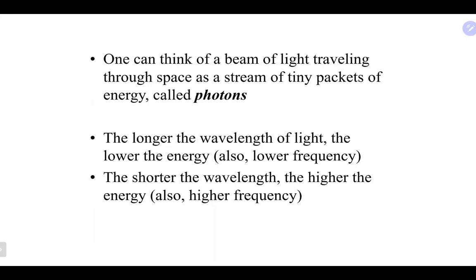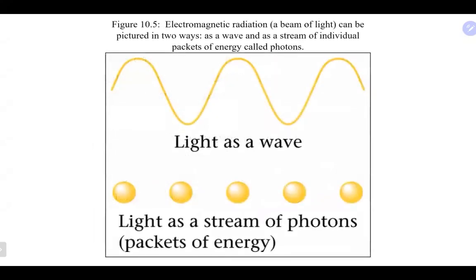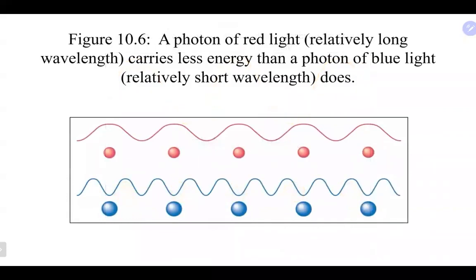As I mentioned, the longer the wavelength of light, the lower the energy and the lower the frequency, and the shorter the wavelength, the much higher the energy. Even with colors, as we see in the flame tests, when the wavelength of light coming off is in the visible part of the spectrum, we see colors like red, orange, yellow, green, blue, indigo, and violet.